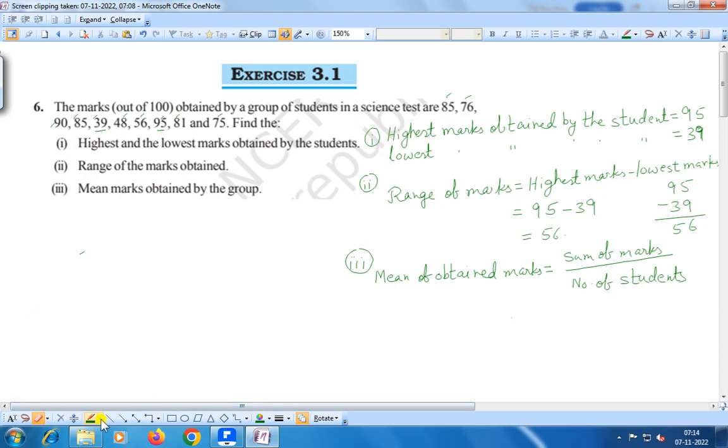We'll write here, right? That is, from here we'll write mean of marks obtained.